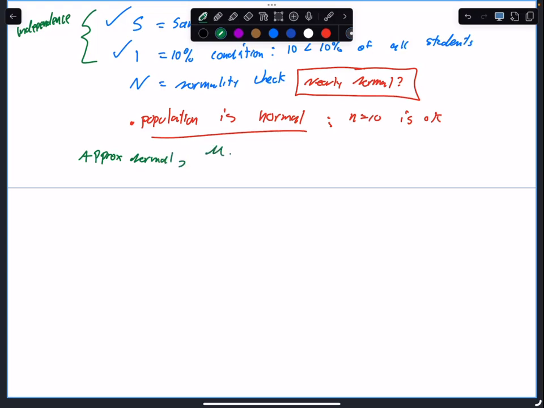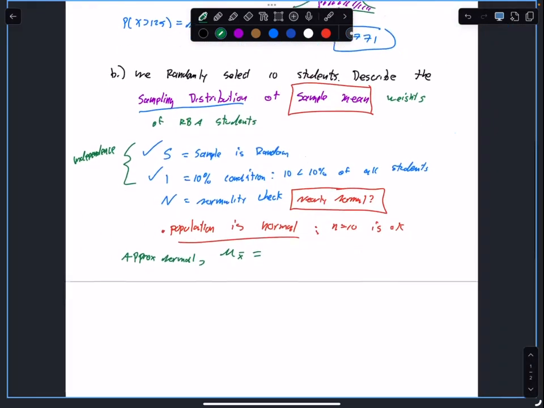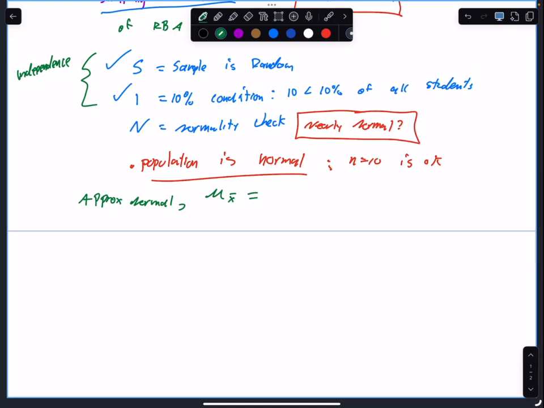The mean of the sampling distribution is equal to the mean of the population. So what will be the average weight of these 10 students? 140 pounds. Nothing changes there. If the average weight of a student is 140 pounds, then the average weight of 10 students will be 140 pounds. Make sense? But what about the standard deviation of the sampling distribution of sample means?